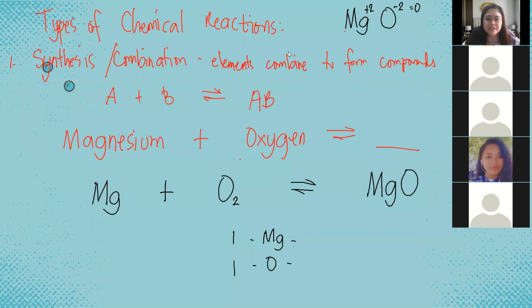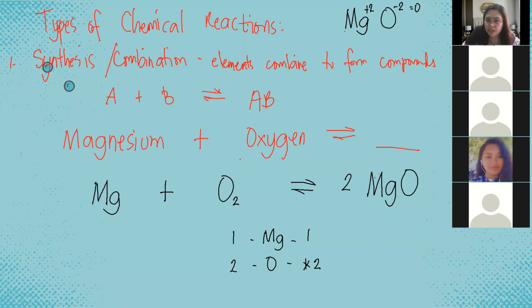Duha-duha. Let me erase this one kasi may subscription na 2. So we have 2 atoms of oxygen there, and then we have 1 magnesium atom on the other side and only 1 for oxygen. So what are we going to do? Let's make this 2 by placing 2 here as coefficient.